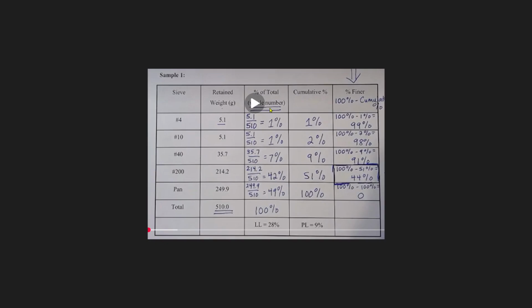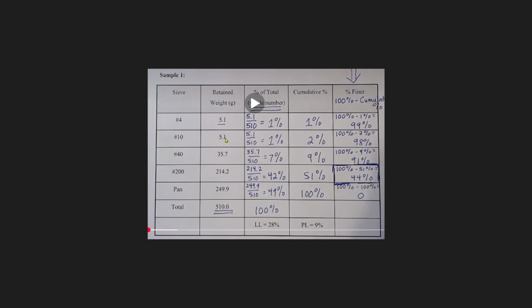And the way that she arrived at that again is she took the retained weight, 5.1, divided it by 510, and that gave her 1%, and she moved it on over because there's nothing to add to it.